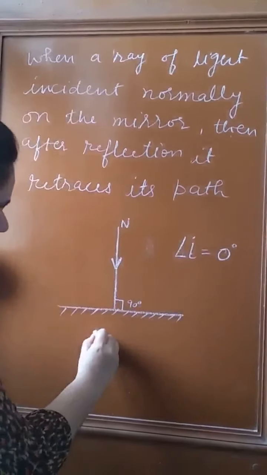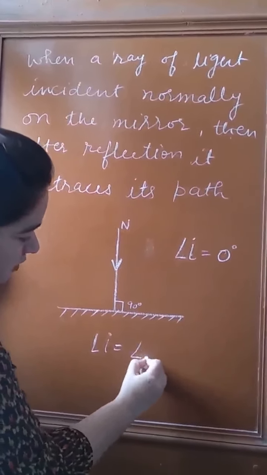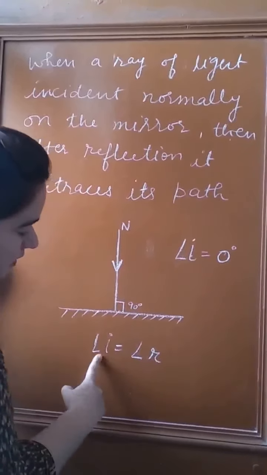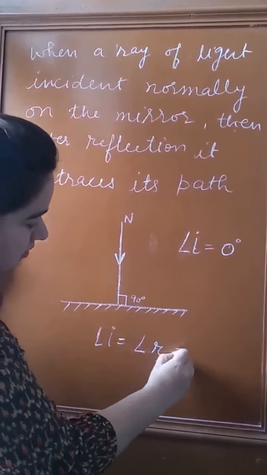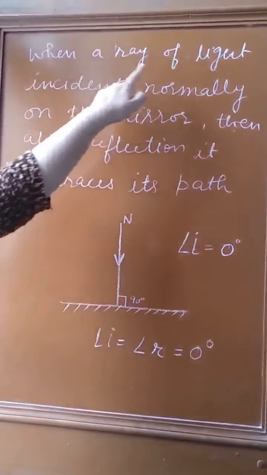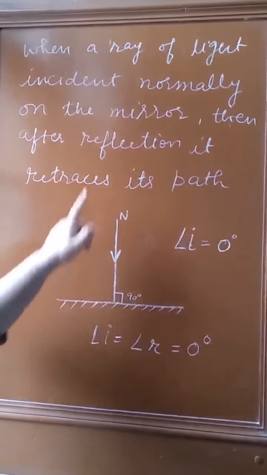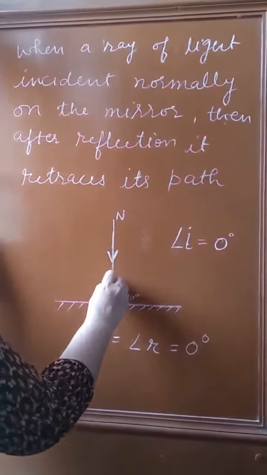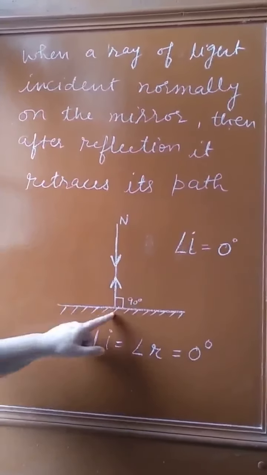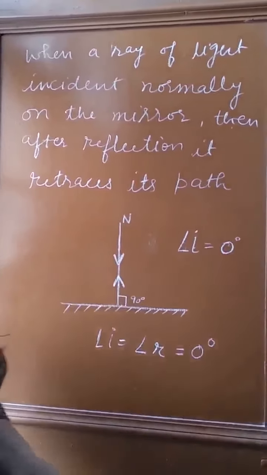Then according to the law of reflection, angle i is equal to angle r. If angle i is equal to 0, then angle r should be equal to 0. Then when the ray is incident normally on the mirror, after reflection it retraces its path. It goes in the same direction as the normal.